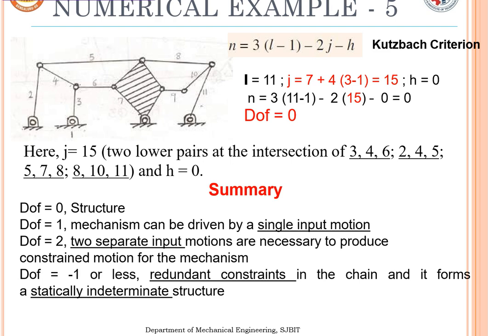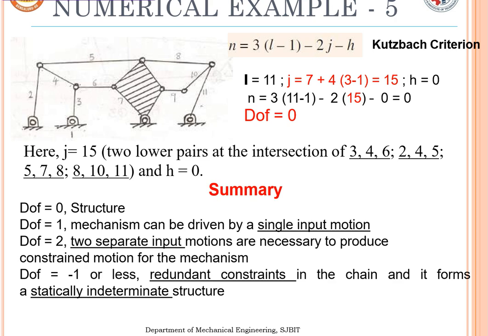Here it has two lower pairs at the intersections 3, 4, 6, and so on. It has one joint but two lower pairs at the intersection. So the degree of freedom is 0, which means it is a structure.